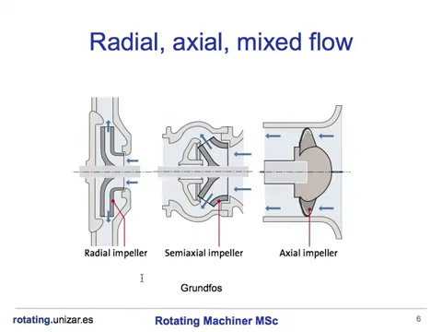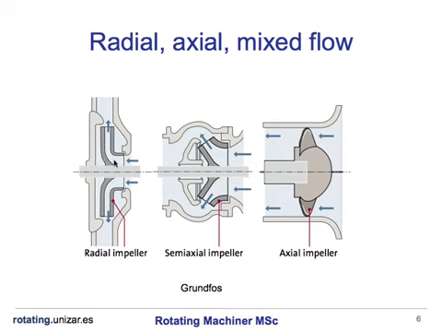If we look at the type of flow we have inside the impeller, we can classify the impellers in these three types: radial, axial, and mixed flow. In the radial impeller, you can see the flow. This is the axial direction of the flow, and this is the radial direction.